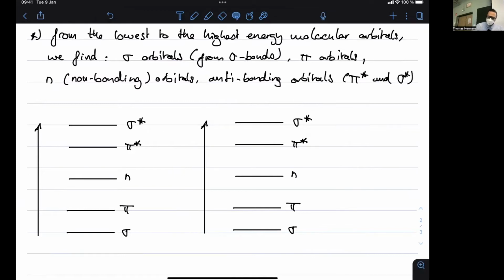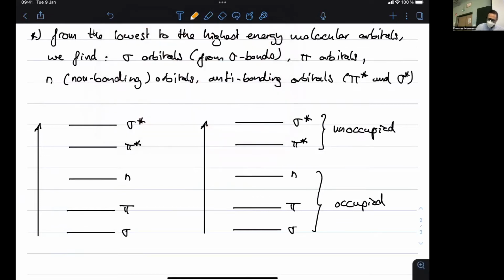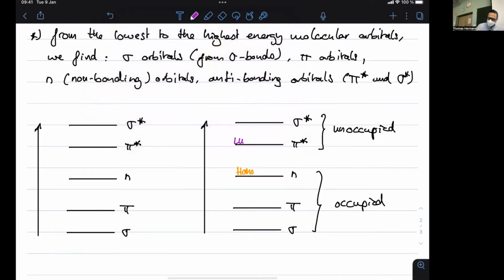And so initially, these ones are occupied and these ones are unoccupied. So which one is the HOMO? It's this one, right? And the lowest unoccupied will be this one, LUMO.